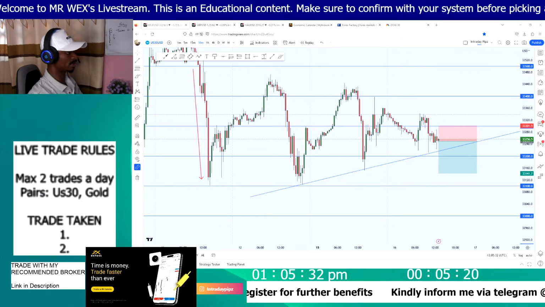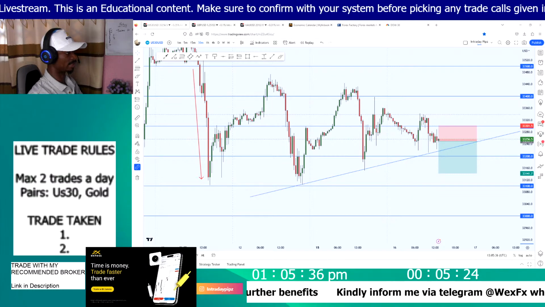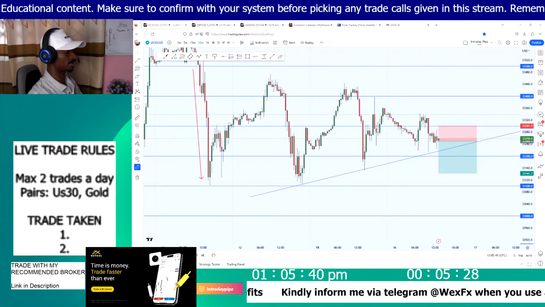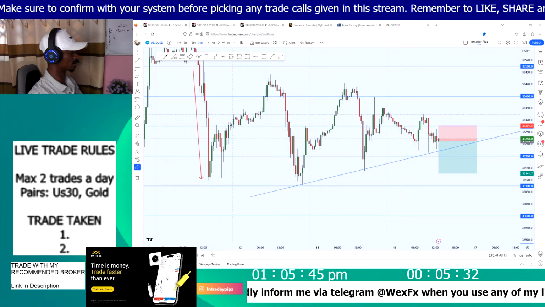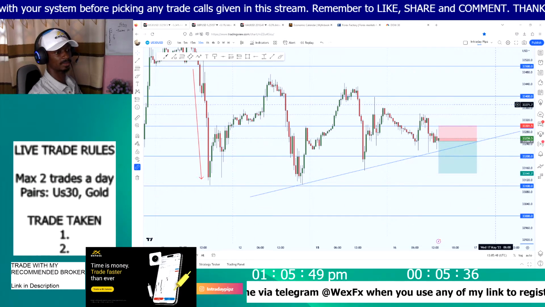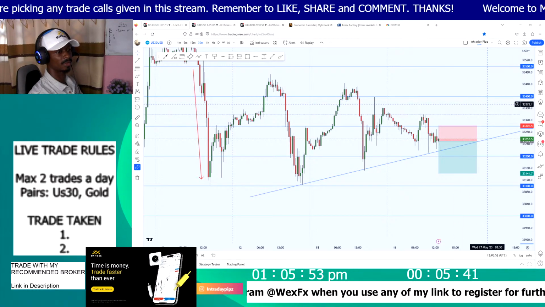I'm in already. So adjusting my SL on this particular one. It's a reduced risk trade. So that is our first trade on US30.